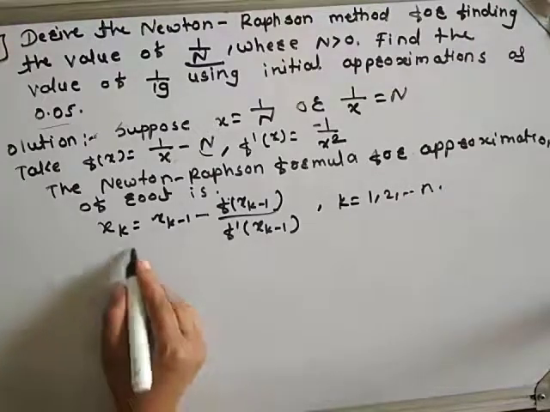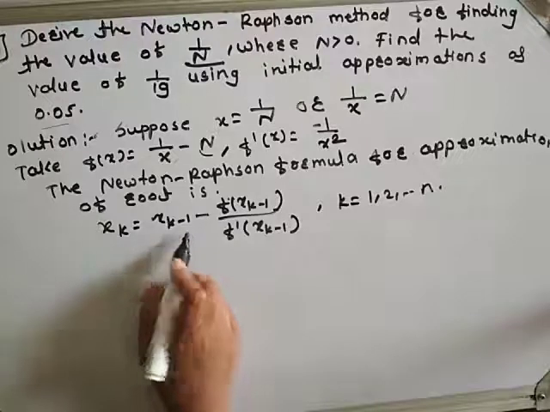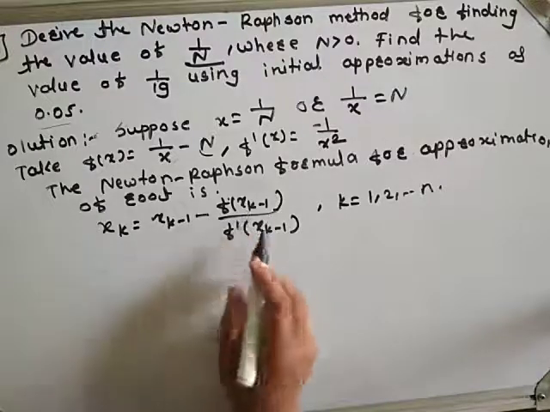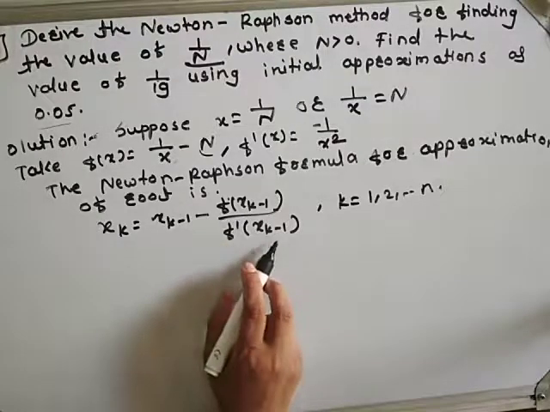See here xk is equal to xk minus 1 minus f of xk minus 1 upon f dash of xk minus 1.